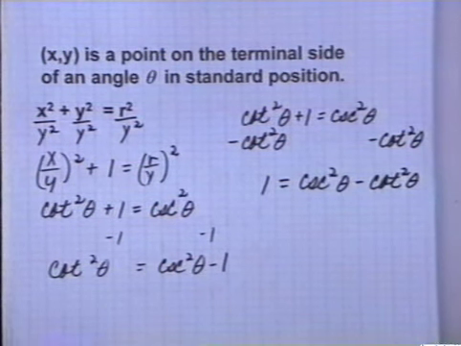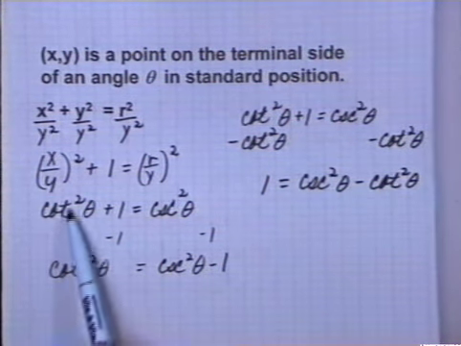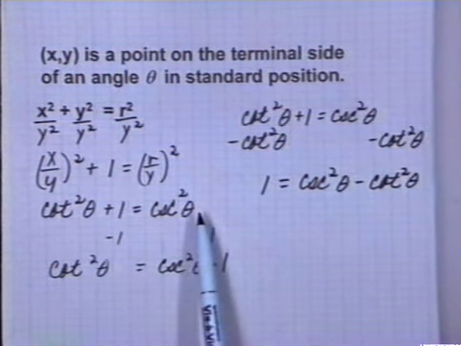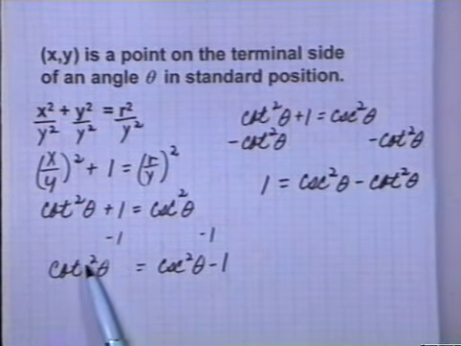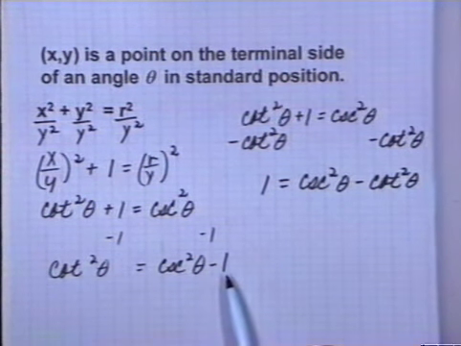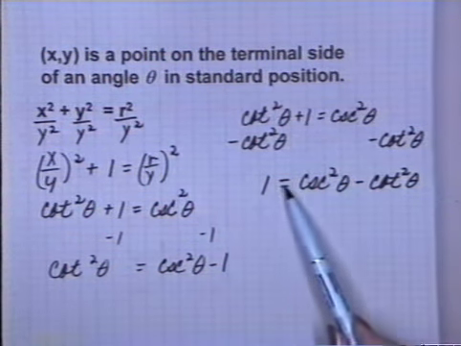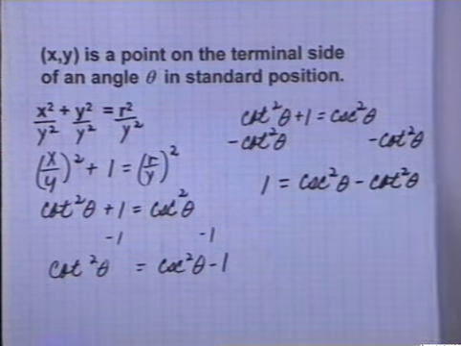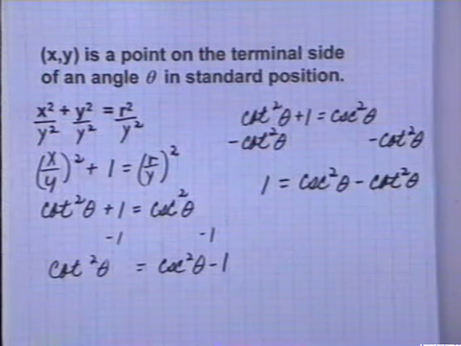And be sure you know these three different identities. Cotangent squared theta plus 1 equals cosecant squared theta. Cotangent squared theta equals cosecant squared theta minus 1. And 1 equals cosecant squared theta minus cotangent squared theta.